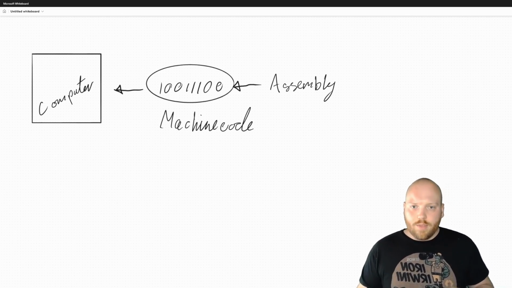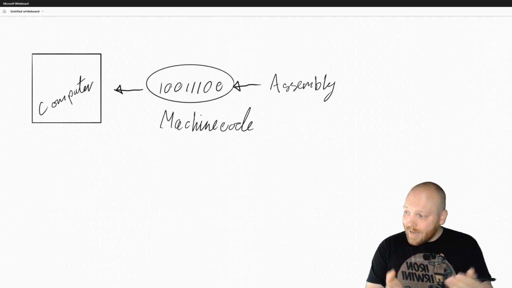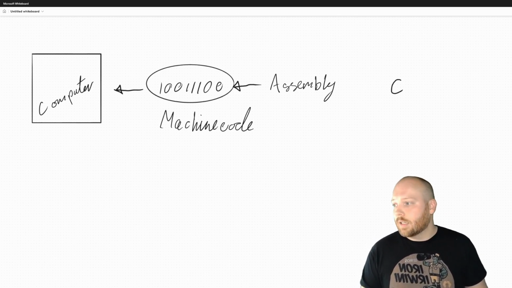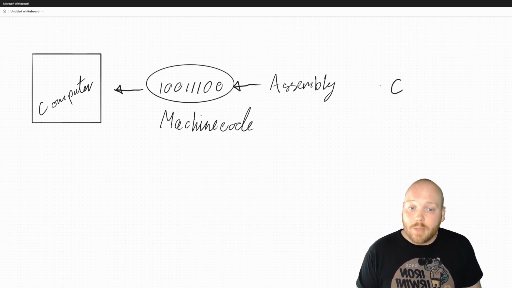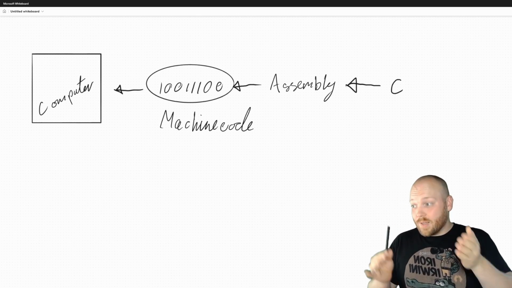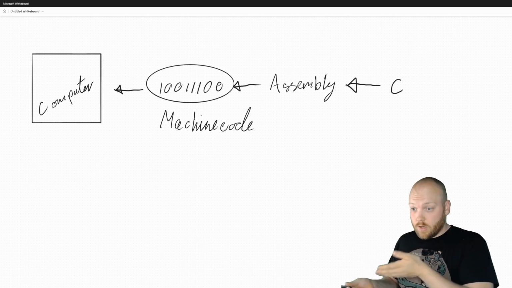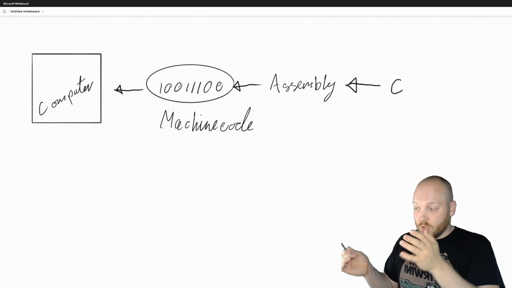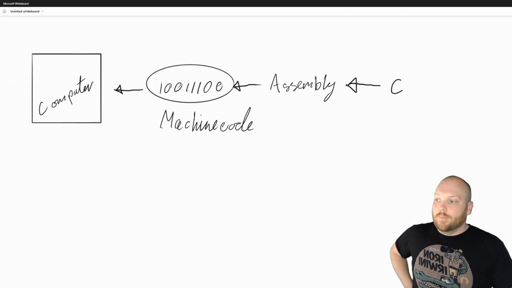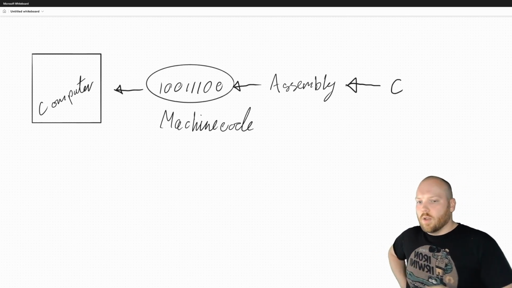We just want that to work under the hood. And so that's why we need a higher level programming language like C, which can then be translated into assembly, which can then be translated into machine code, zeros and ones. So that's the general workflow.